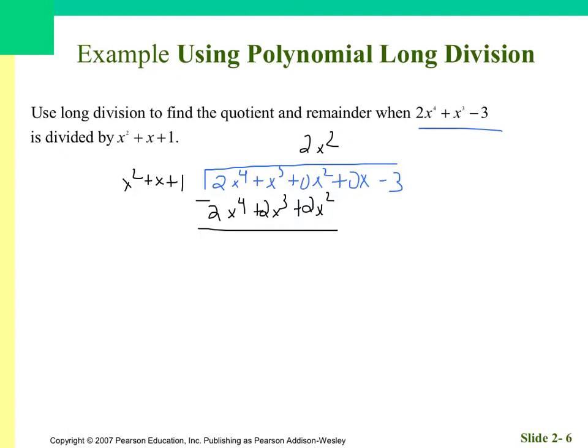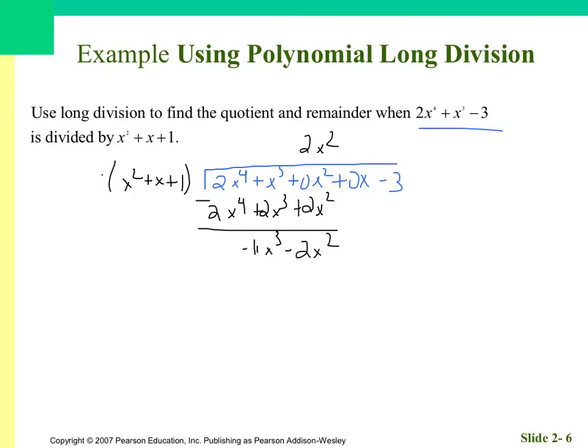So what I did, 2x squared times x squared, 2x to the fourth. And then you distribute, line it up. Okay? So 2x to the fourth minus 2x to the fourth is 0. 1x to the third minus 2x to the third, negative 1x to the third. 0 minus 2x squared, negative 2x squared.